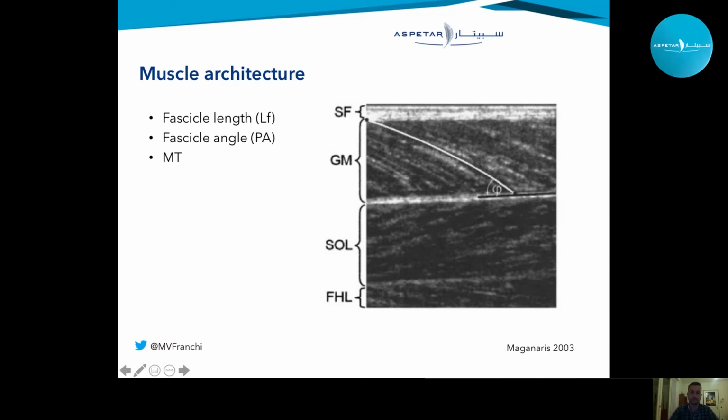And you can basically see that here's a fascicle that runs from the deep aponeurosis to the superficial aponeurosis and is inserted in the muscle with a certain angle. So this will represent the fascicle length, this will represent the fascicle angle, and this distance, the perpendicular distance between the superficial and the deep aponeurosis, will represent the muscle thickness.